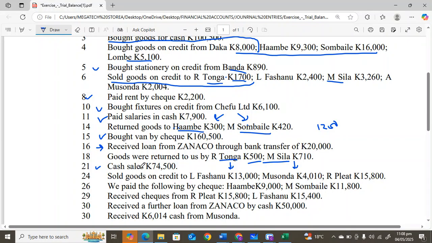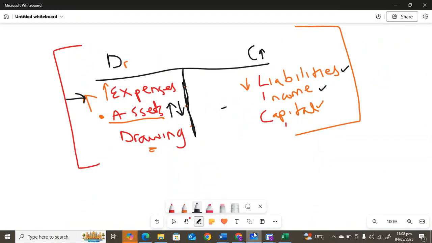Yes, so both are increasing, right? Cash is an asset, increase in an asset, debit. Sales revenue increases with credit, so you credit sales revenue.